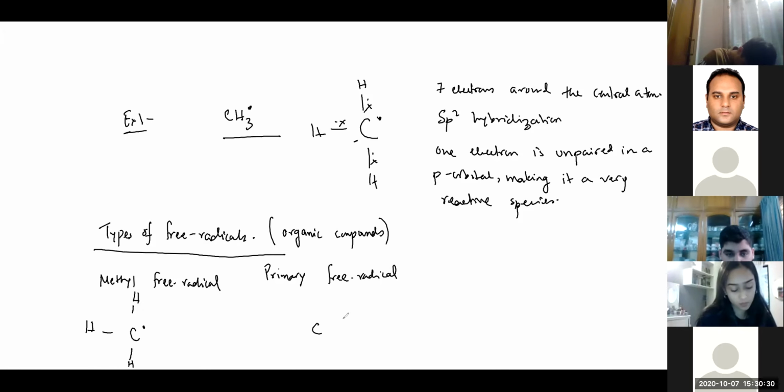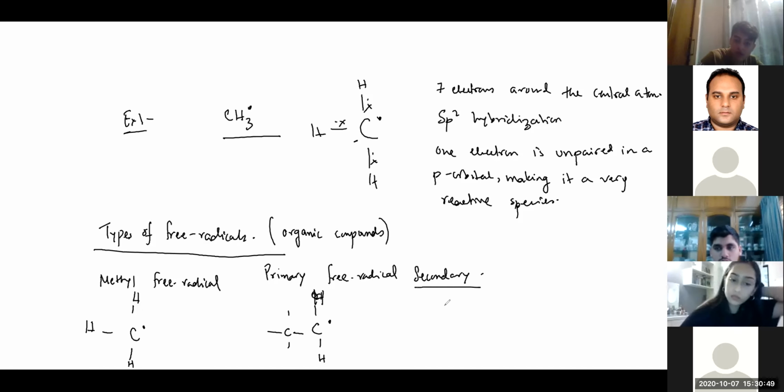What did we study about a primary free radical? It's going to be linked to 1 CH3 and 2 hydrogens, with a free radical. I don't have space, so I'm only writing secondary.